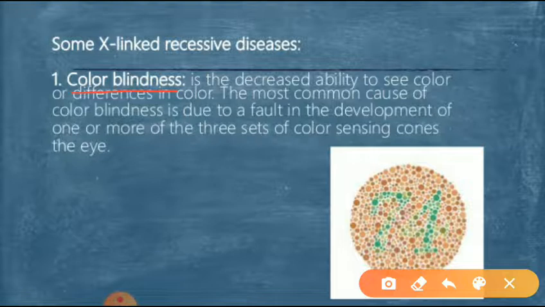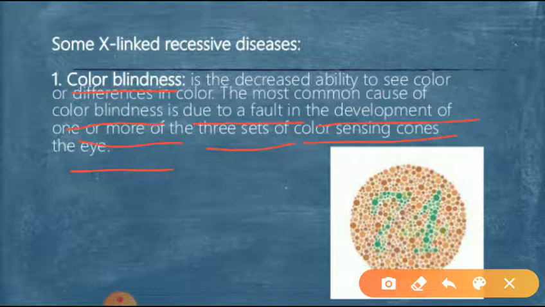The most common cause of color blindness is a fault in the development of one or more of the three sets of color sensing cones in the eye. In our eye, there are color sensing cone cells. These cone cells help us to see color.